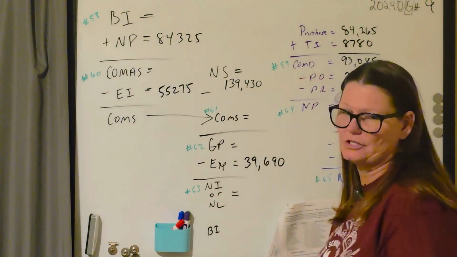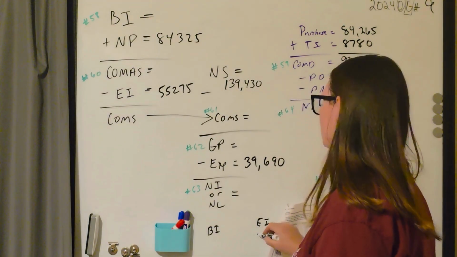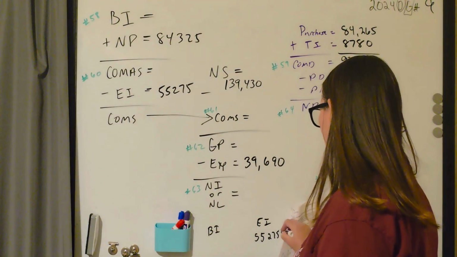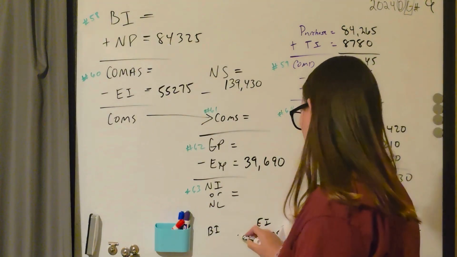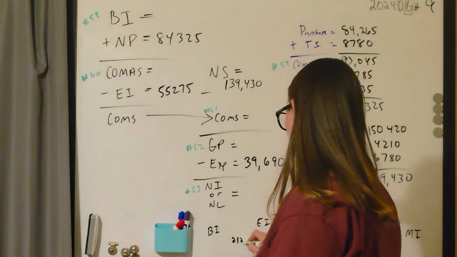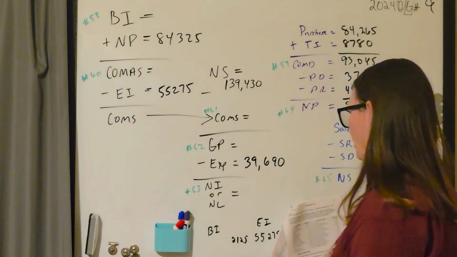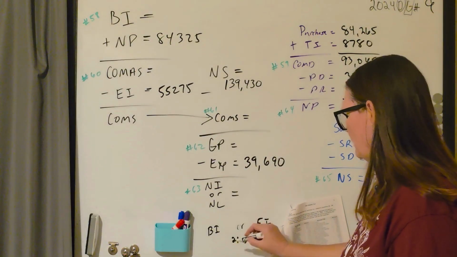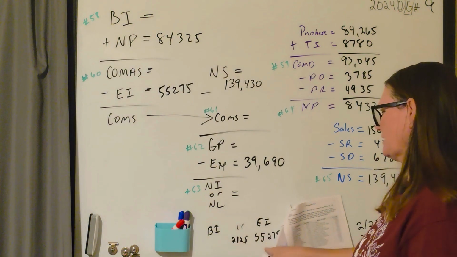Now remember, I'm going to draw it right here. Beginning is on the unadjusted. Ending is on the adjusted. We have 55,275, and what we did was credit merchandise inventory for 21.25. Because it's a credit, this amount is a debit, and we subtracted the credit to get this number.